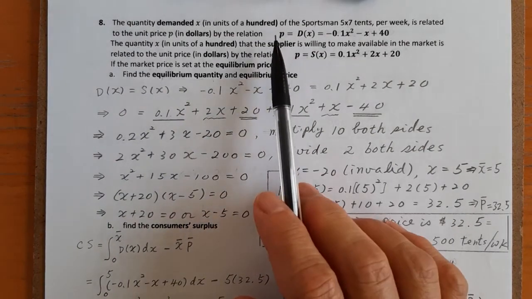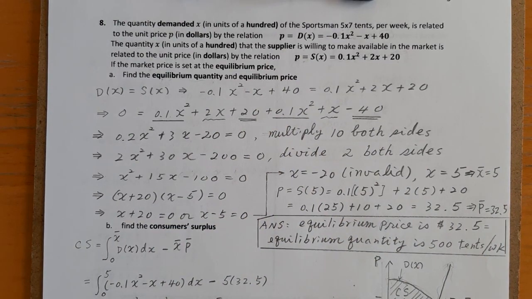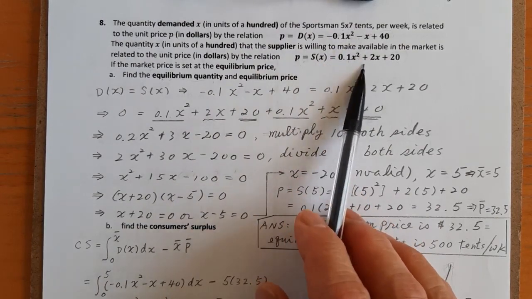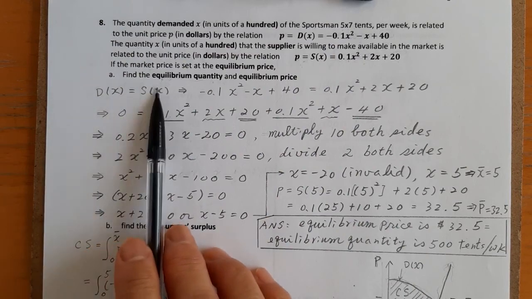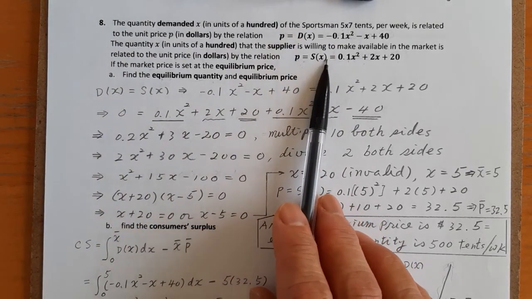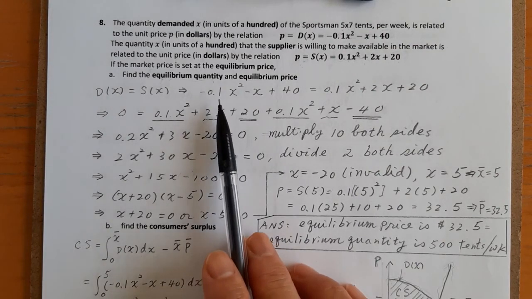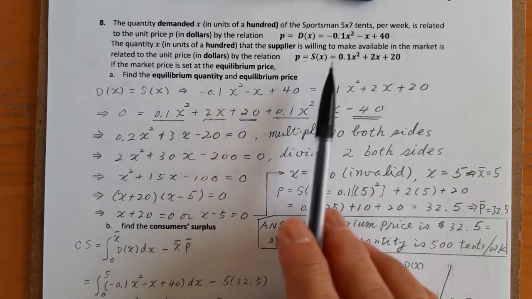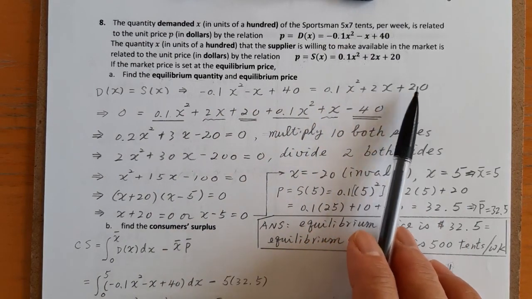At the intersection the price and units are equal, so we let D of x equal S of x: negative 0.1x squared minus x plus 40 equals 0.1x squared plus 2x plus 20.